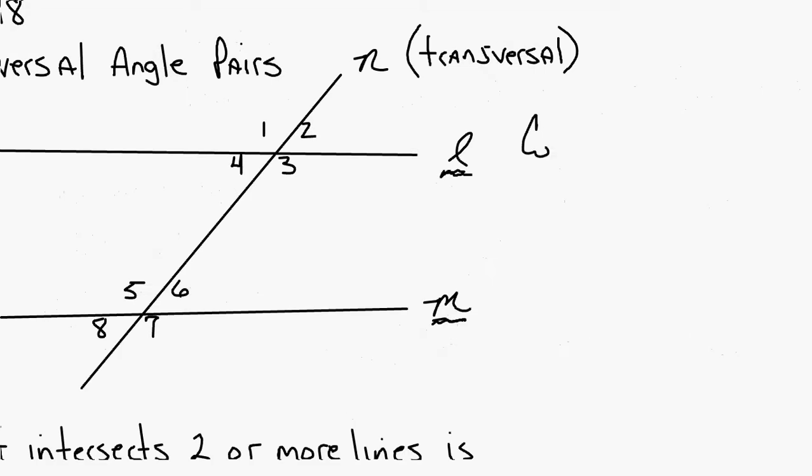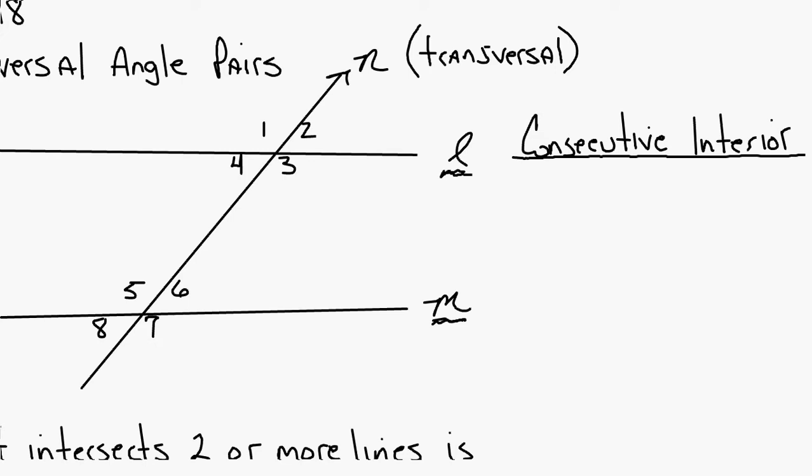Consecutive interior angles. There are 2 pairs. So 3 and 6 are called consecutive interior because they are on the interior of L and M and they're on the same side of the transversal.